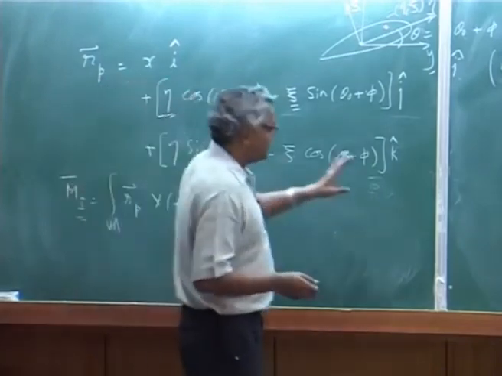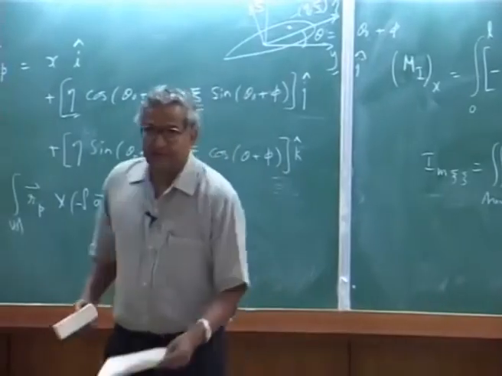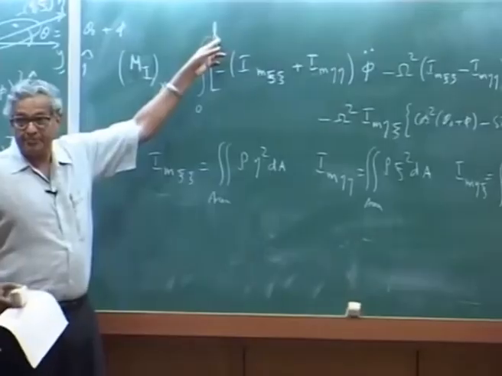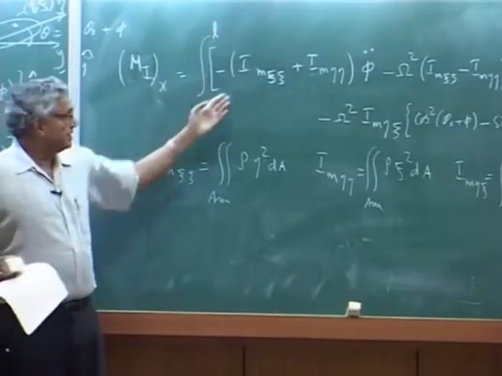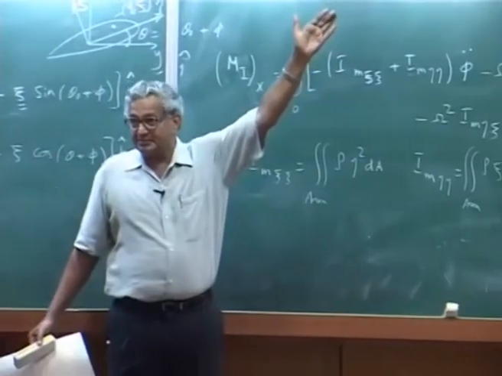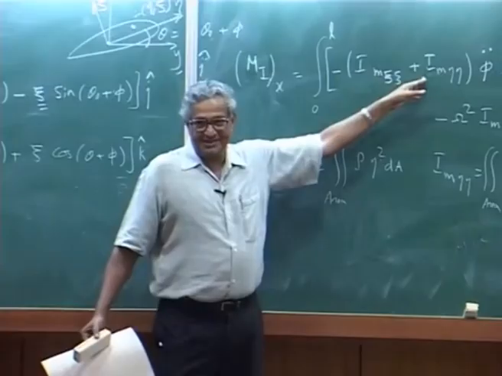Now I will just write the equation of motion. Because this is an integral over L, my cross section properties can vary along the span, because they need not be constant. Okay.